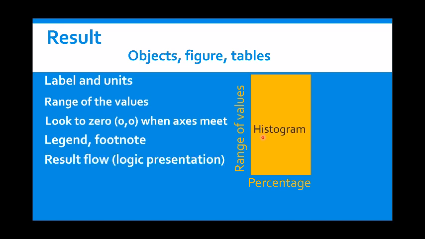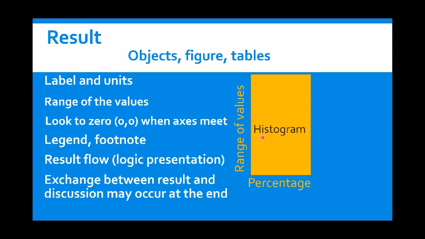And you look at the result because it gives you the logic of a presentation, the flow of the data from collecting to presenting: how the data was collected, presented, analyzed, and validated, and then the rationale when you reach the discussion.